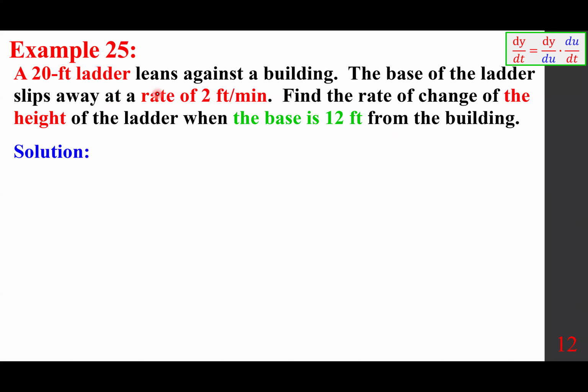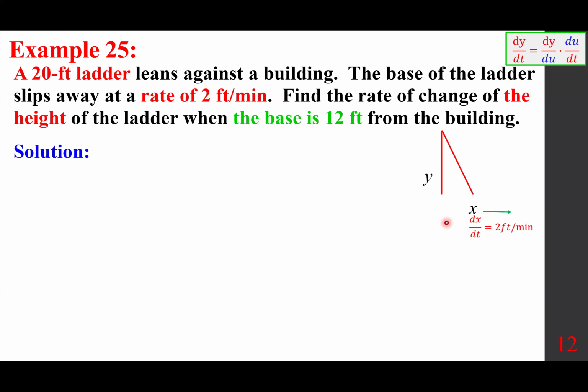So a 20-foot ladder leans against the building. So this is the building or the wall. This is the ladder. The base of the ladder slips away this way, which, since we call this x, makes dx/dt 2 feet per minute.